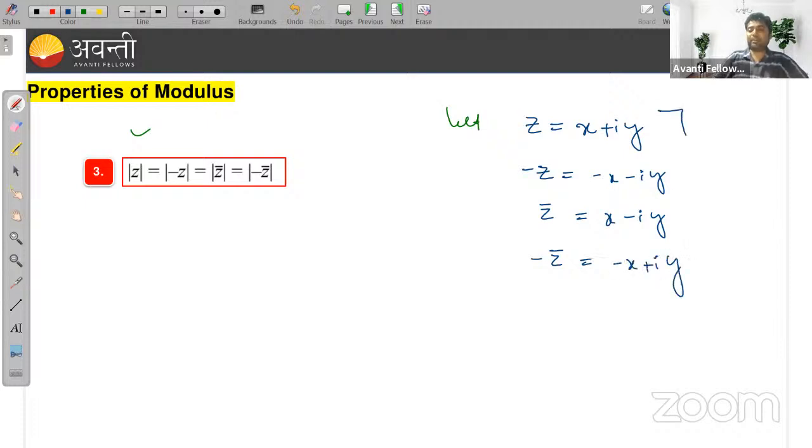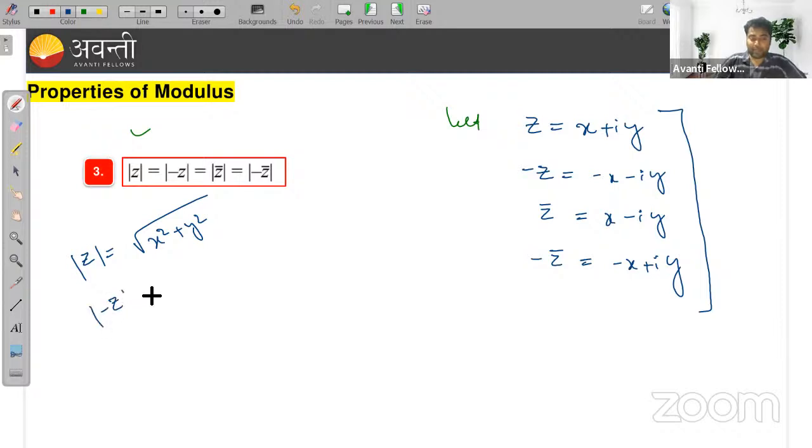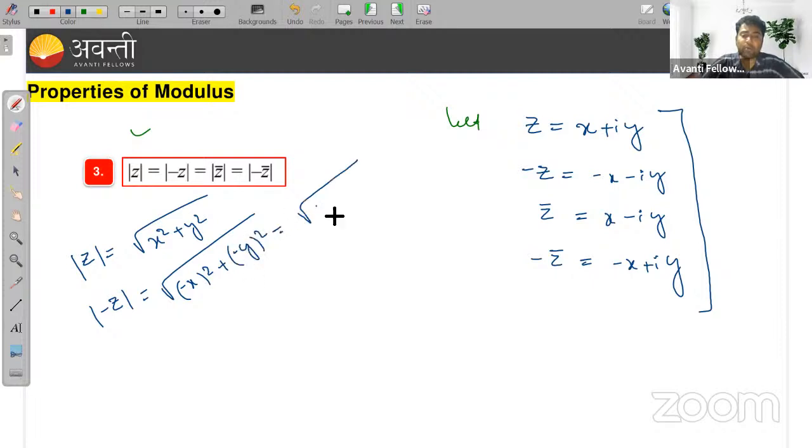So in all these cases, I am getting 4 complex numbers. If you try to find mod z, that is under root of x square plus y square. The modulus of negative z will also give you minus x square plus minus y square, which is also equal to under root of x square plus y square.